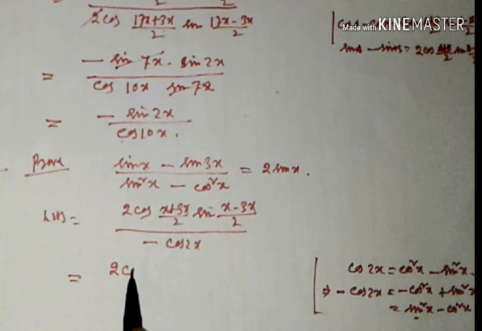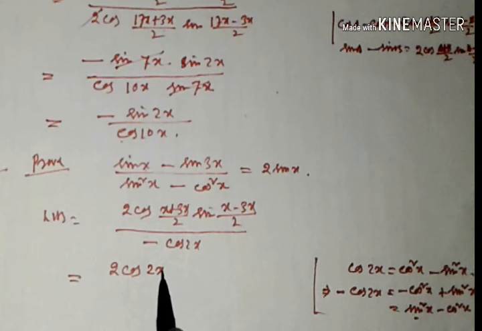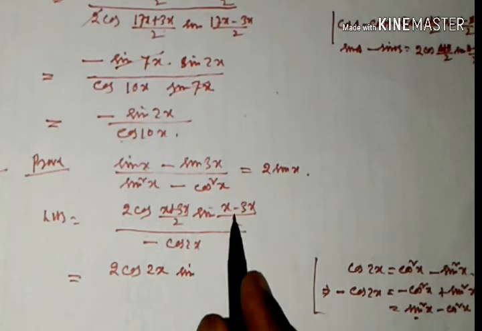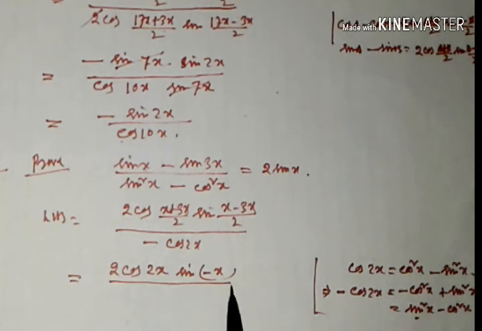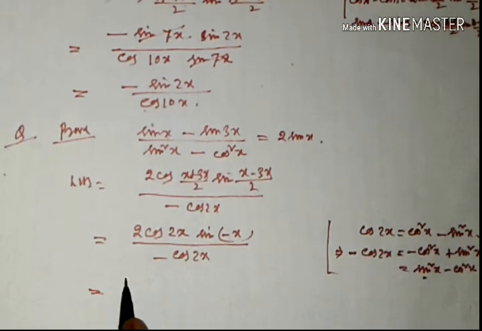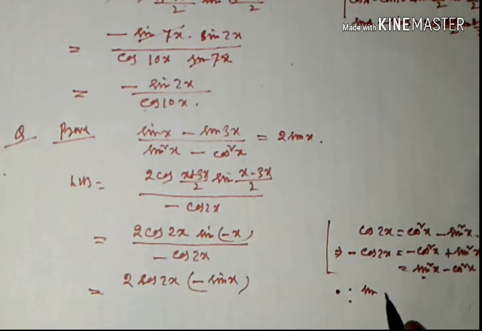Next, 2 cos (x plus 3x)/2, this is 4x divided by 2, that is 2x. Sin (x minus 3x)/2, this is minus x. Cos 2x. Now we can write sin minus x as minus sin x, since sin x is an odd function, therefore sin minus x is equal to minus sin x.